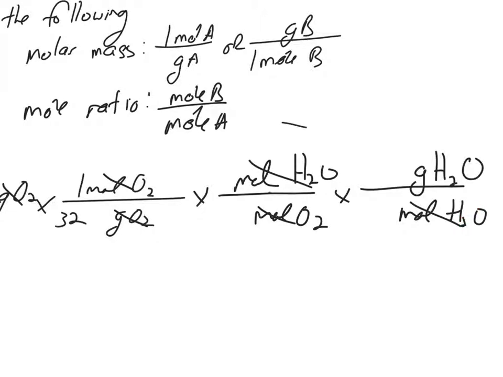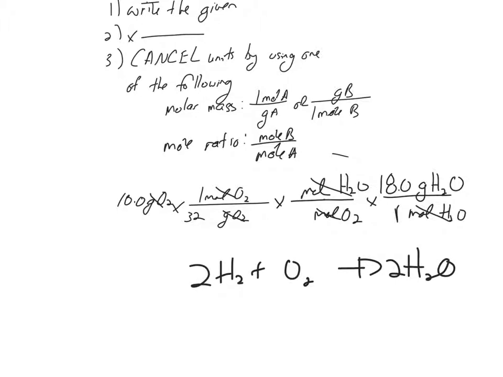And if we're going to use this molar mass, remember it's always 1 on the bottom, and then we look on the periodic table for the molar mass of H2O, which is 18.0 grams. The last thing would be to look at the balanced equation and note that there must be a 1 for the O2 because there's a 1 in the balanced equation, and a 2 for the moles H2O because there's a 2 in the balanced equation.